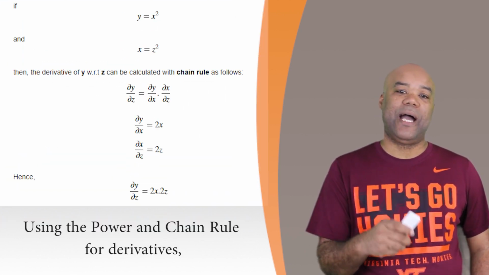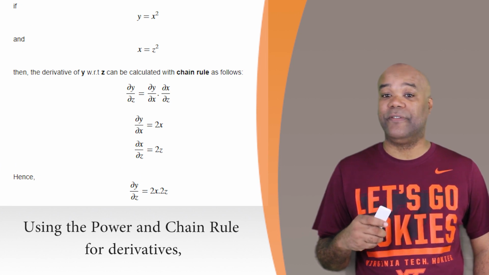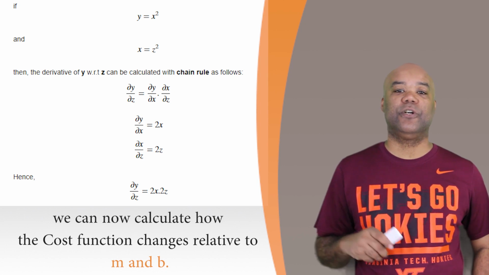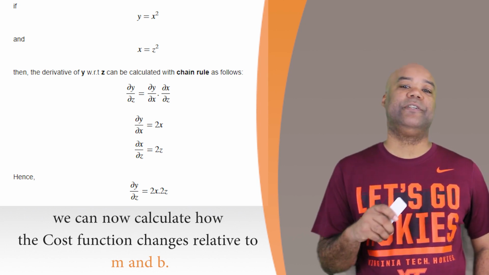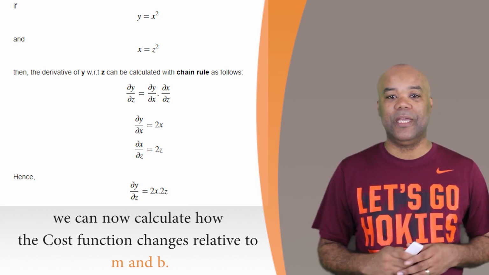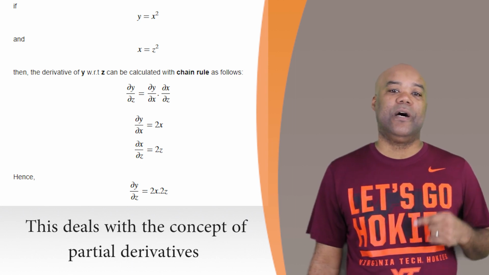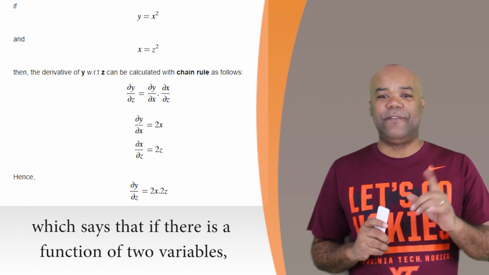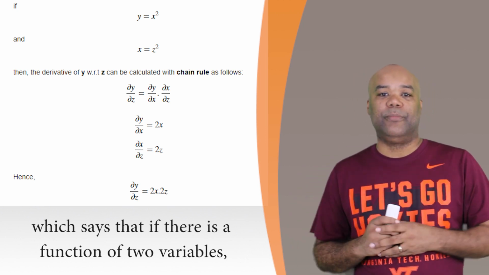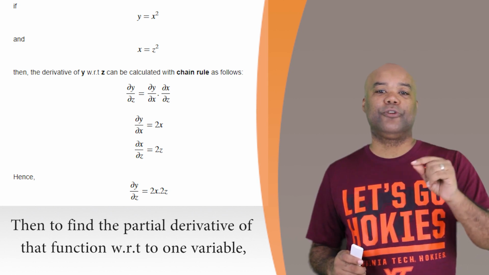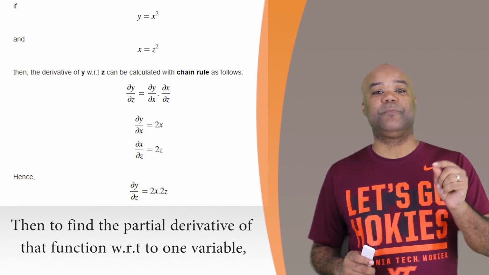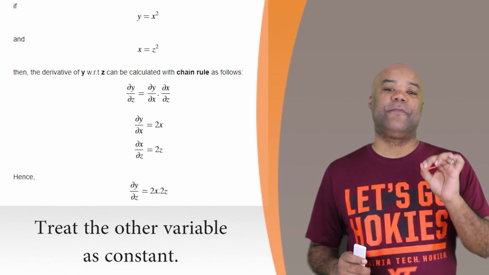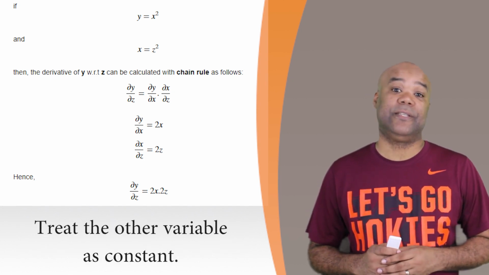Okay, using the power and the chain rule for derivatives, we can now calculate how the cost function changes relative to M and B. This deals with the concept of partial derivatives, which says that if there is a function of two variables, then to find the partial derivative of that function with respect to one of those variables, you simply treat the other variable as a constant.